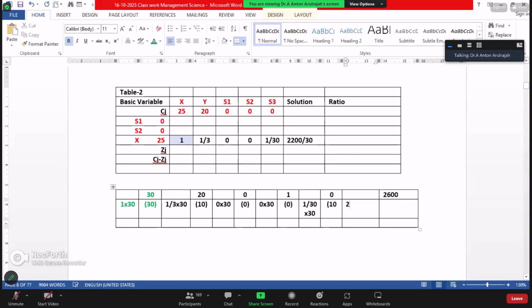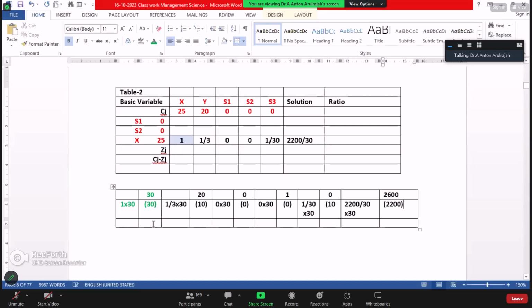Next one, 2200 by 30 into 30. 2200 by 30, into 30, that should be how much? 1200. Okay. So now we have done all these things.